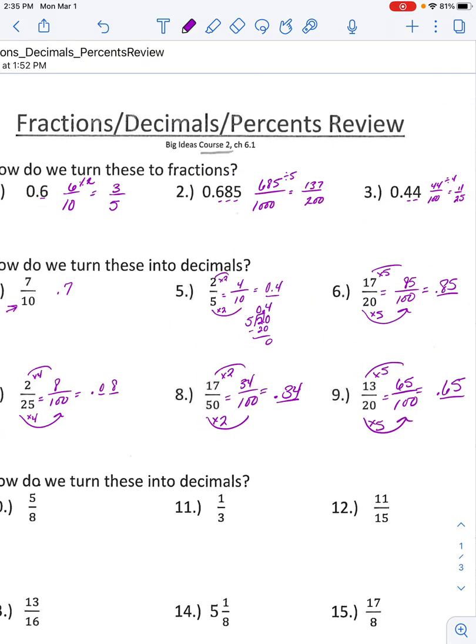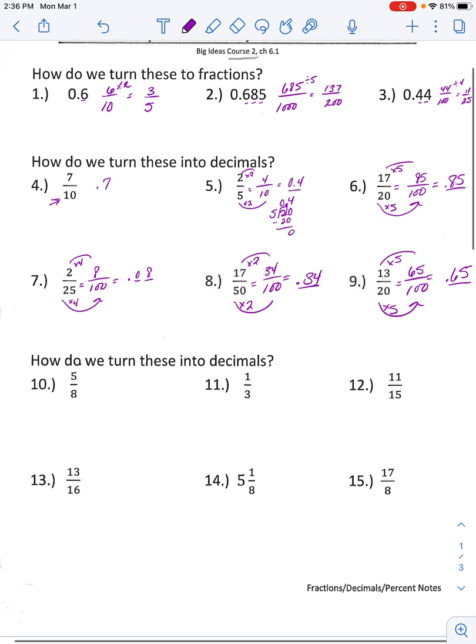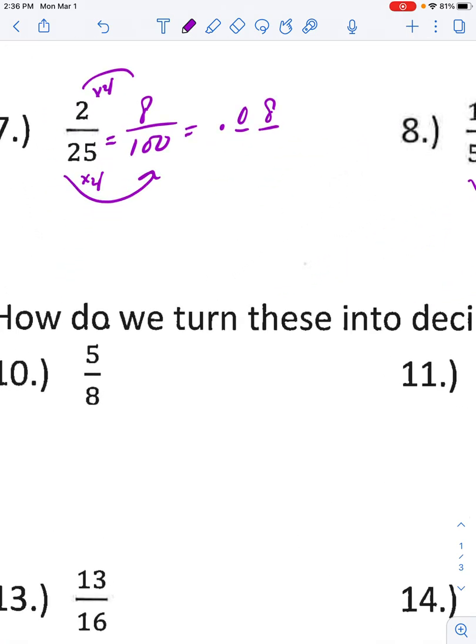Now 4 through 9 were easy because all of those denominators, you could make them out of tenths or hundredths. The next set of fractions, you can't. So it makes it a little bit harder. 5/8 as a decimal, you have to divide. 5 divided by 8. So these are going to take longer.